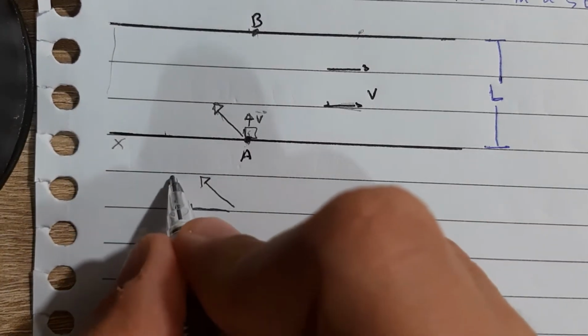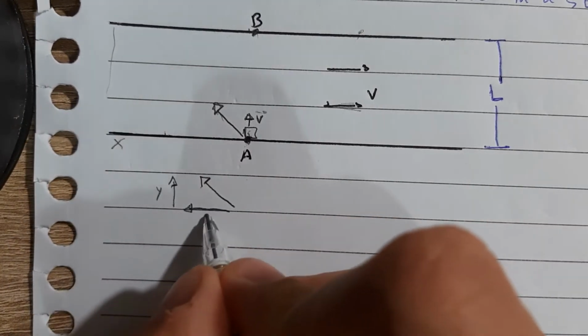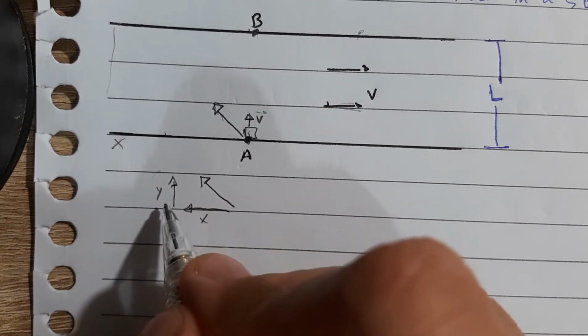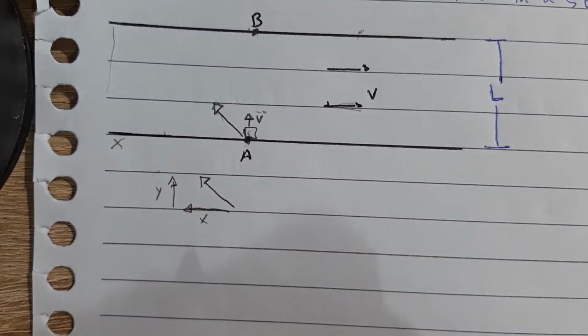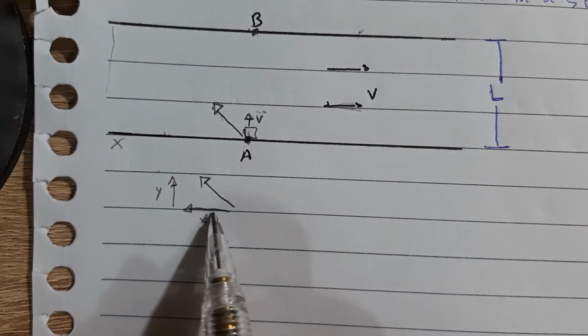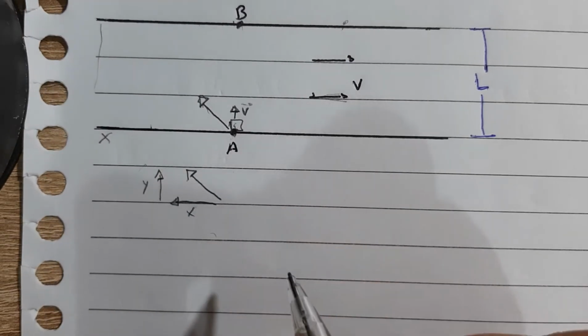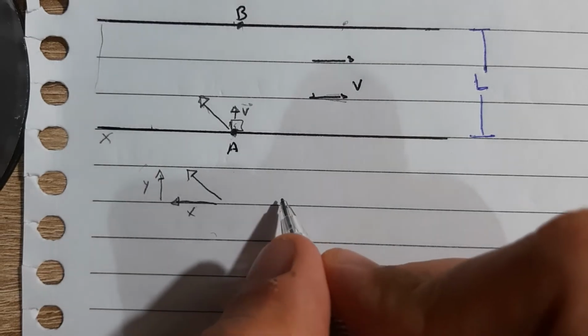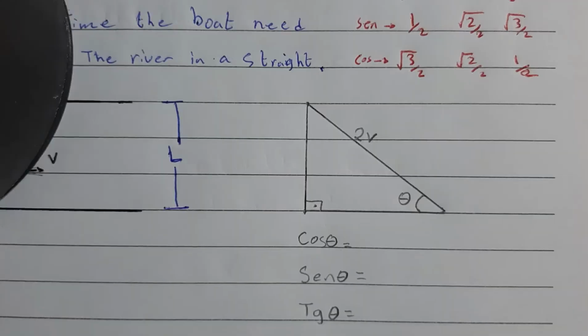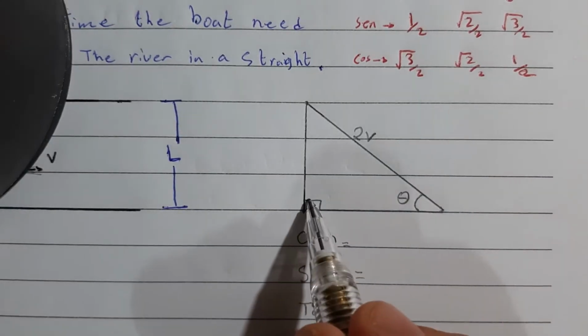And here he will have another velocity, okay? This component over here will make him cross the river, and this component needs to cancel the component of the river.